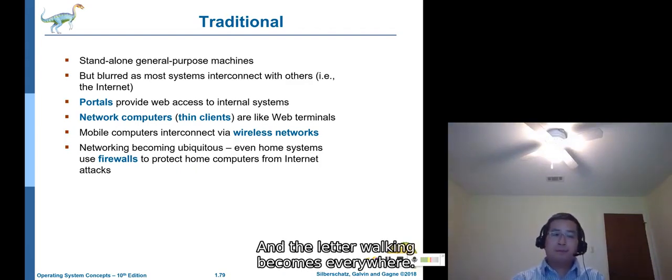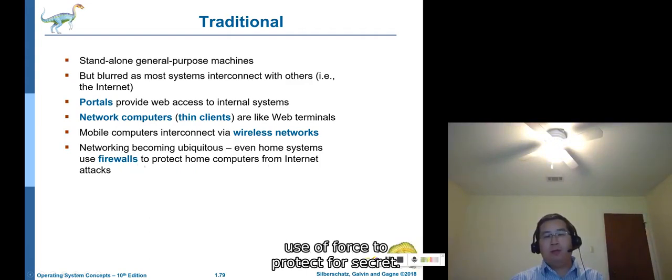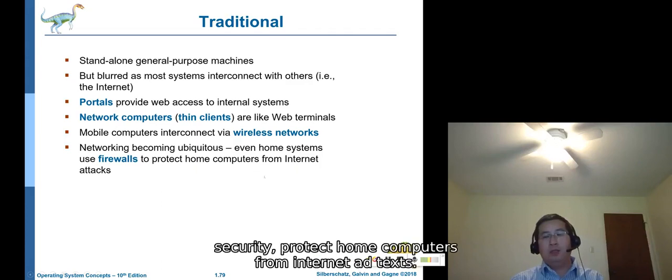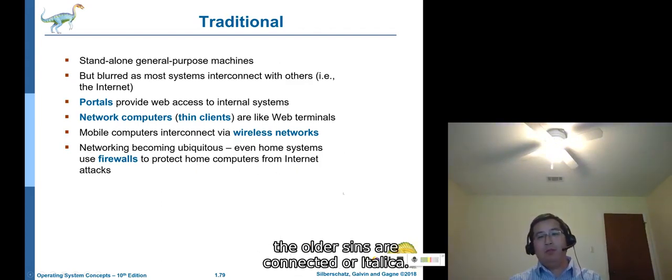Okay? And networking becomes everywhere. Even a home system may use firewalls to protect home computers from internet attacks for safety and security. So this tells you that all the things are connected to each other.